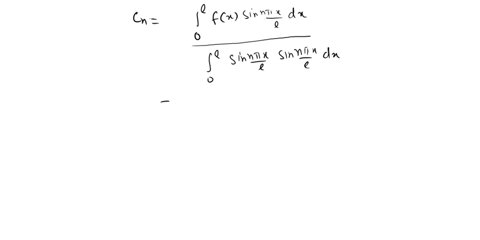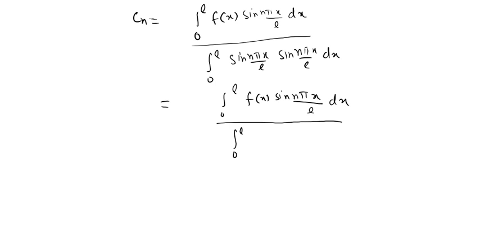Okay, so this is the integral from 0 to L of f(x) sine n pi x by L, and this will be the integral from 0 to L of sine square n pi x by L.